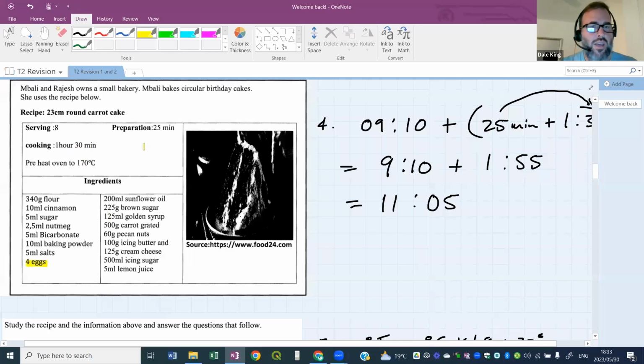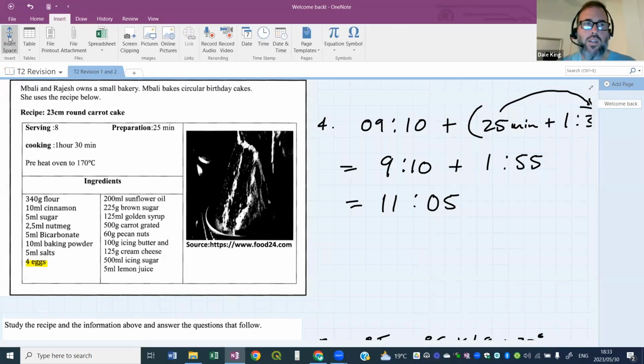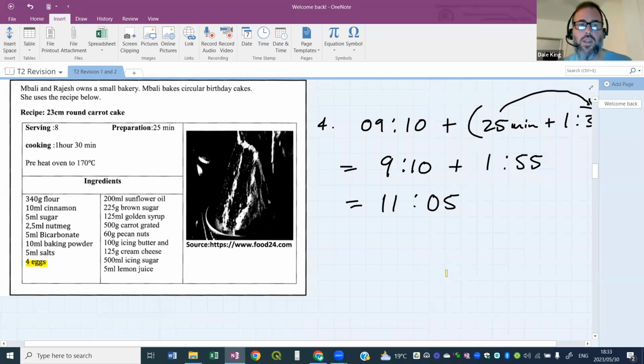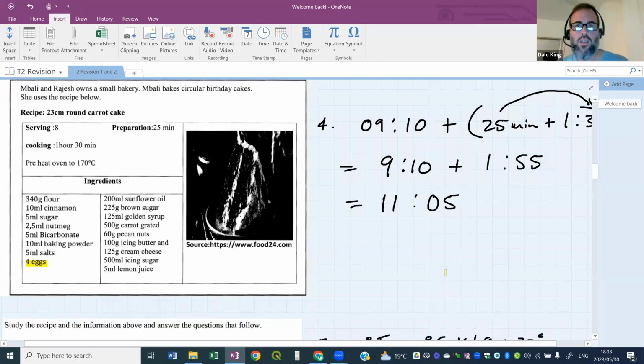This cake needs 4 eggs, but Mbali used 5 dozen eggs. Now we all know that a dozen is 12. All right, so how many cakes do you think that Mbali could make if she used 5 dozen eggs? All right, what's the maximum that she could make?